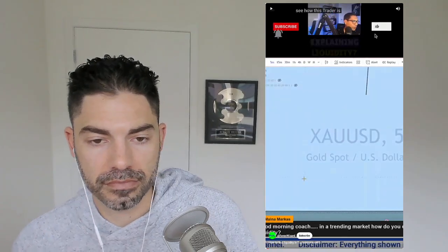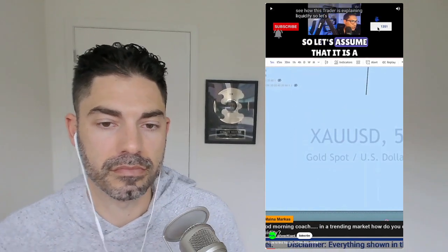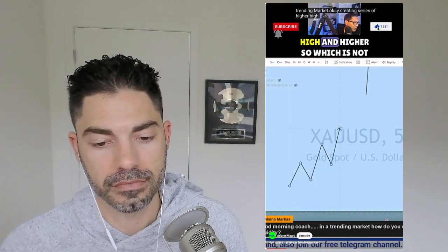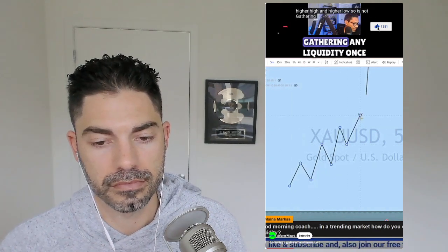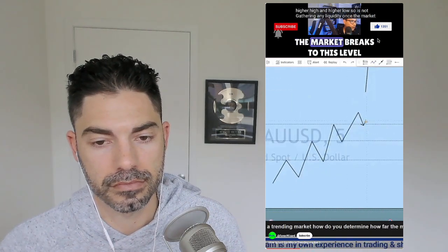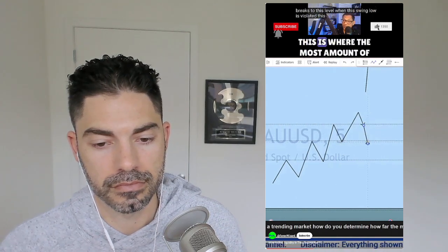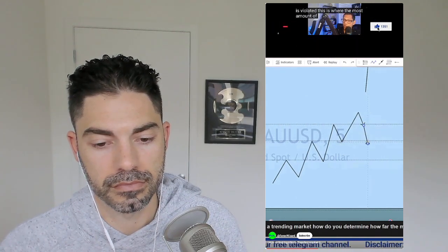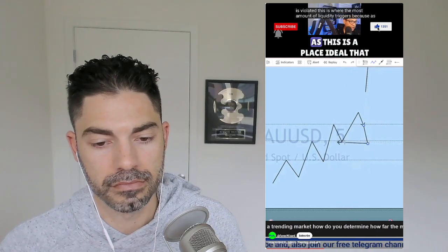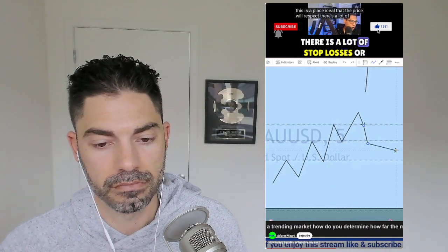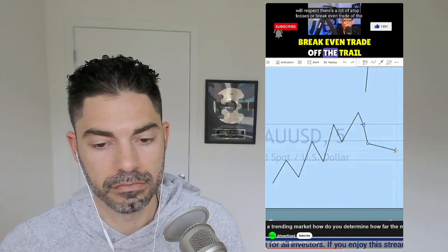See how this trader is explaining liquidity. So let's assume that it is a trending market, okay? Creating a series of higher highs and higher lows, which is not gathering any liquidity. Once the market breaks to this level, when this swing low is violated, this is where the most amount of liquidity triggers. Because this is a place the price will respect, there are a lot of stop losses or break-even trades or trails.